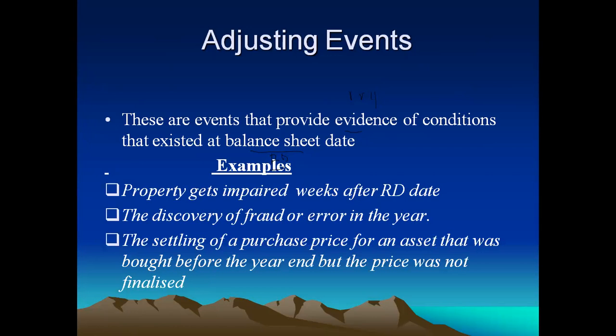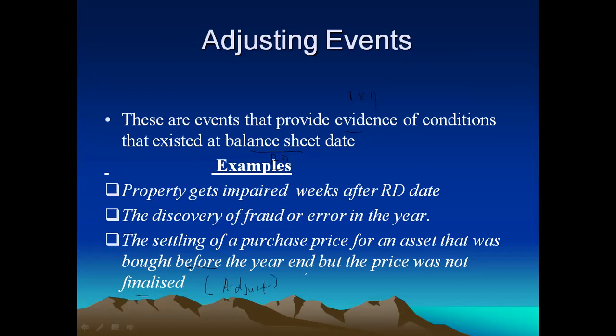The settling of a purchase price for an asset that was bought before year end. This is the key term there: the asset was bought before year end, but the price was not finalized. So if the price was finalized after year end, we need to adjust in such a case. So these are examples.